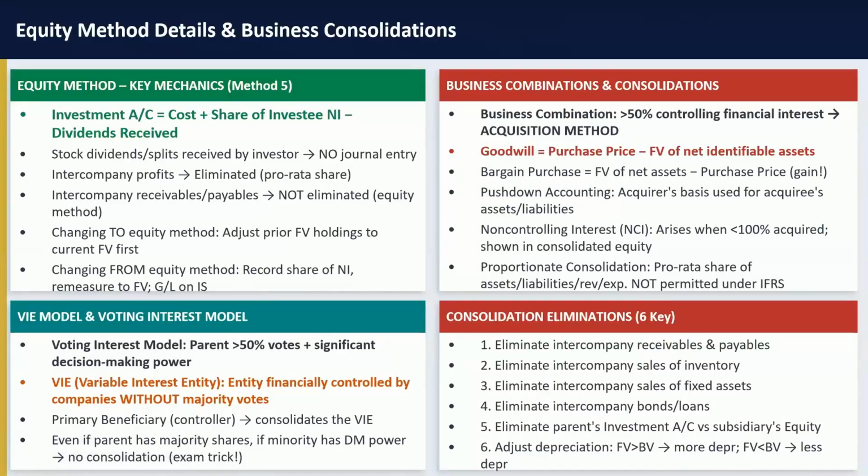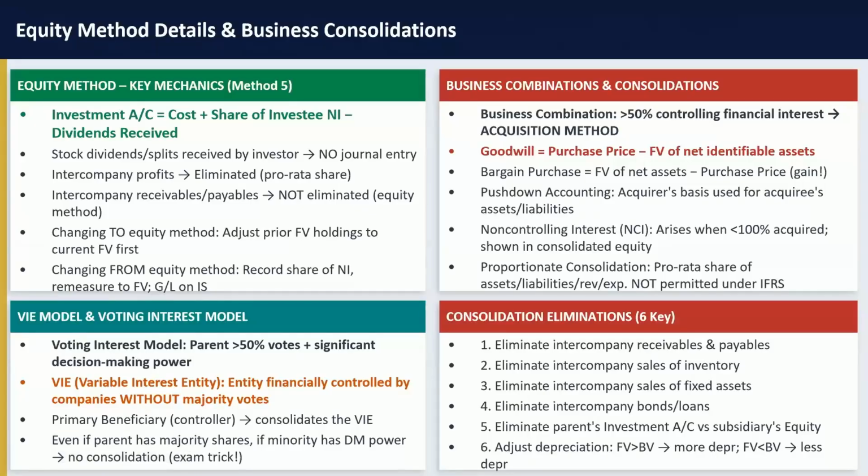That you will obviously record. You should receive it from them. Then remeasure to fair value of those equity securities as you do in method 3 and 4. Then gain or loss, you will be recording in the income statement. That's all. Okay. Now, what about the business combinations?